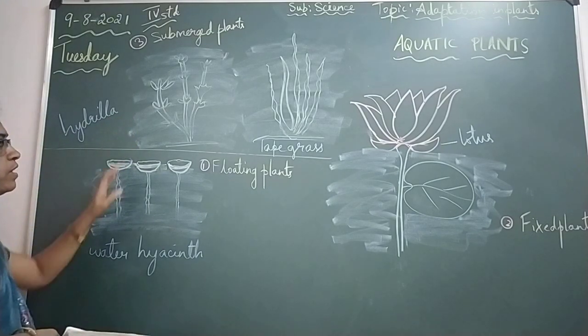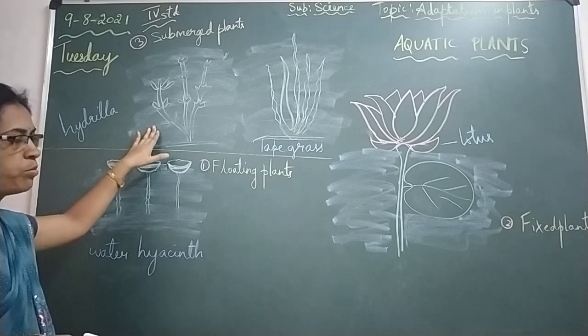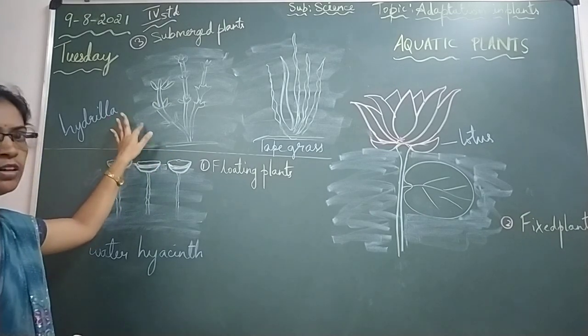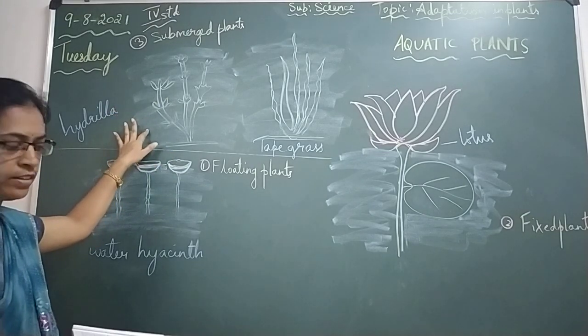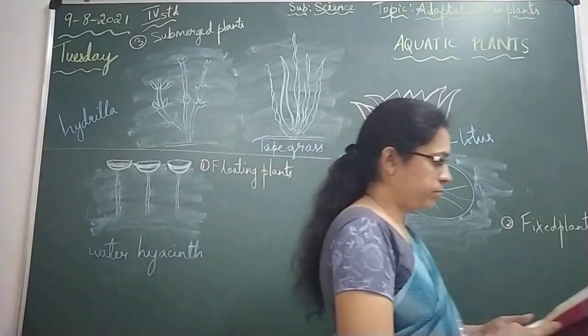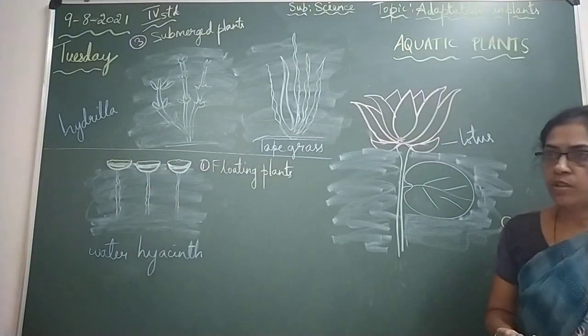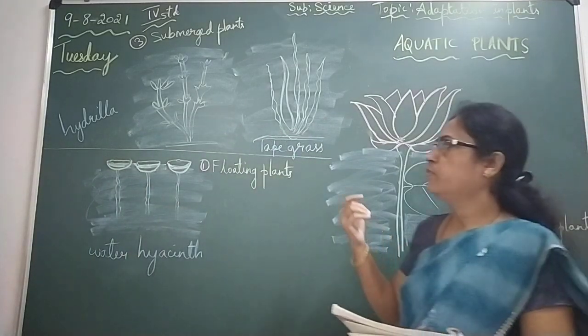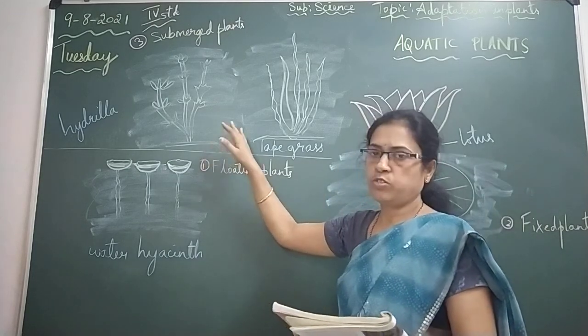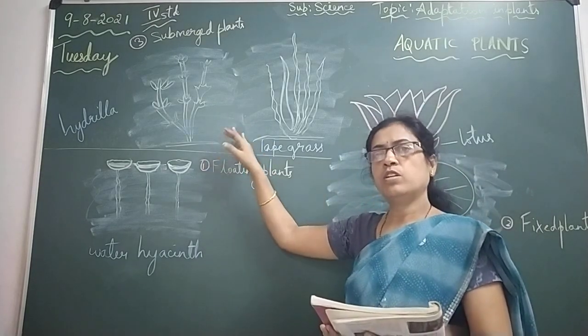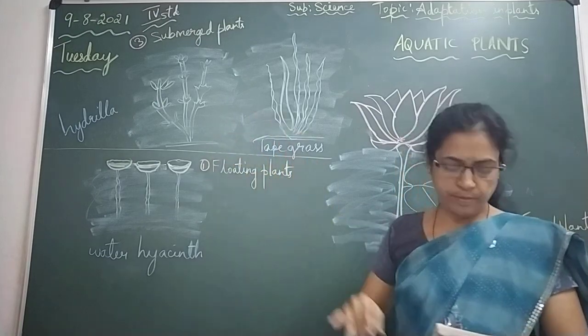Okay, children, the narrow leaves do not have stomata at all. They breathe through their body surface. That we have to remember. And they absorb the dissolved carbon dioxide from the water for photosynthesis and give out oxygen for the aquatic animals.